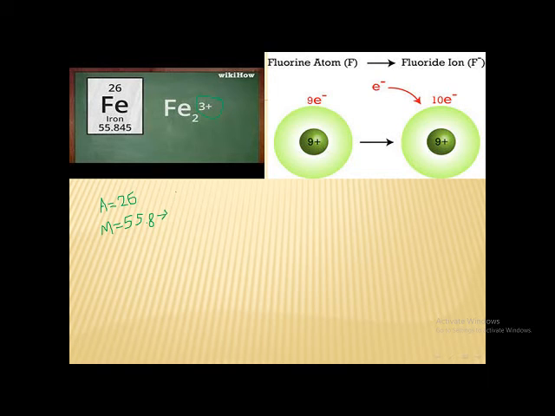Now if we want to solve for electrons, the charge is plus 3, that means number of electrons plus atomic number, so the number of protons is 26.